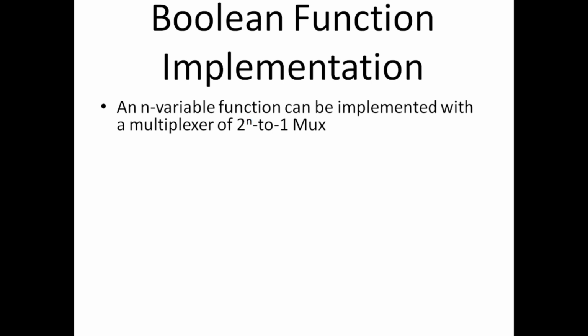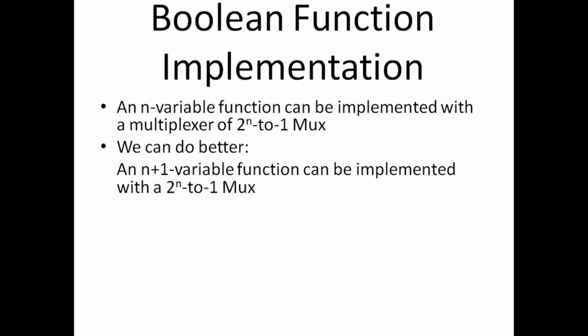But this is the general principle, but we can do better. I'm not going into the detail of implementing an n variable function with a 2 raised to power n by 1 mux, but I'm going to explain the efficient solution to implement a Boolean function with a multiplexer.